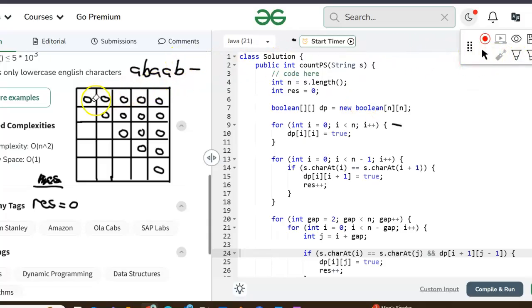So what we're talking about is 0, 0, 1, 1, 2, 2, 3, 3, 4, 4. All right, those are all palindromes, right?